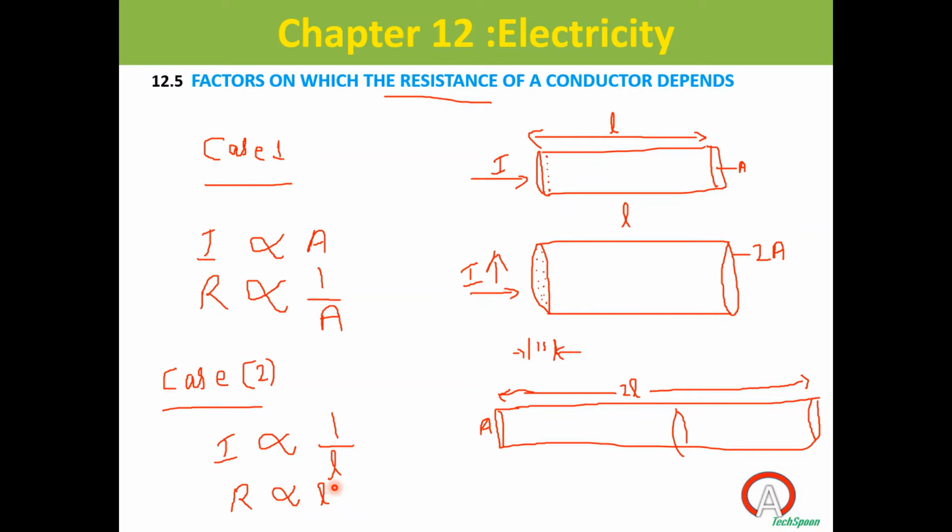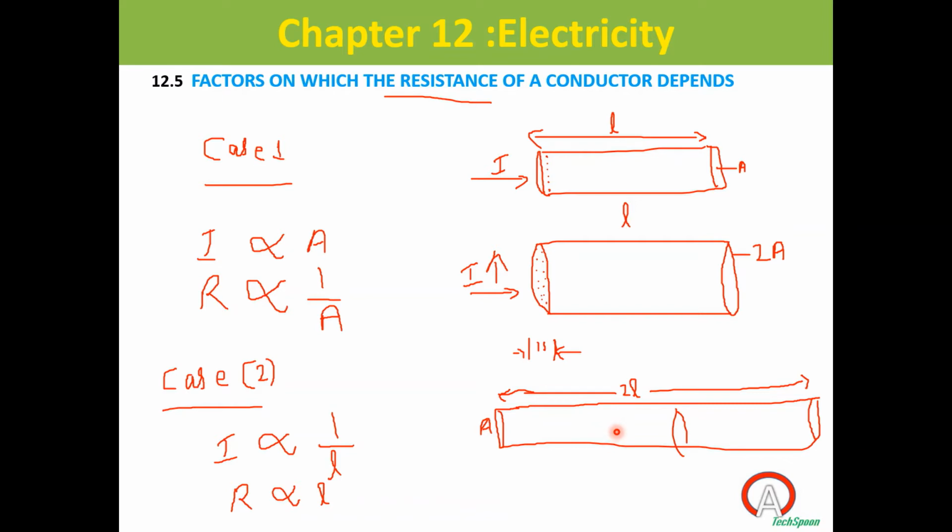So again, for that, what we need to do? We need to first find out how the current varies, first according to the area of cross section. That's very simple. We can compare with the big door and small door. Then just opposite to that, current will vary according to the length of the conductor.